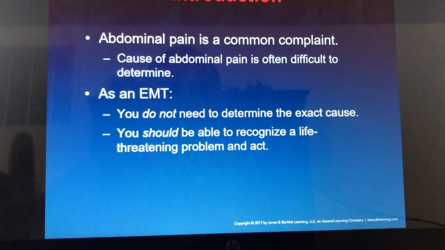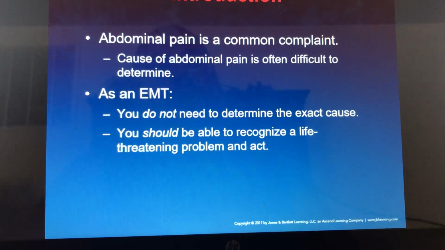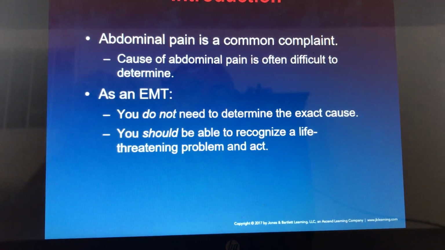Abdominal pain is truly a common complaint. You will get called for abdominal pain. The thing about abdominal pain is that it's a vast variety of what could be wrong. There are some signs and symptoms that should help you narrow things down, but honestly, the only thing we can do in the field is pain management and treat any shock symptoms, give them IV, O2, transport.